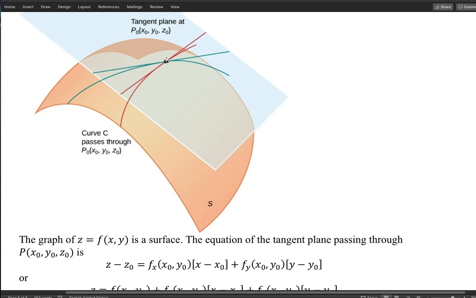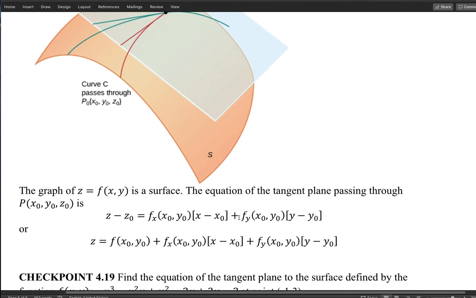The equation of the tangent plane to this brownish or orange colored surface at a given point x naught, y naught, z naught can be arranged in this fashion: z minus z naught equals the partial derivative with respect to x at the point x naught, y naught times x minus x naught, plus the partial derivative with respect to y times y minus y naught.